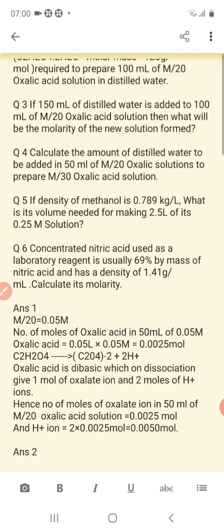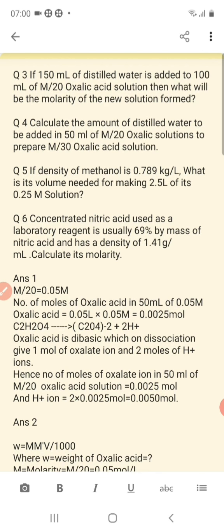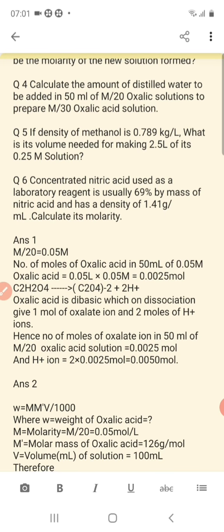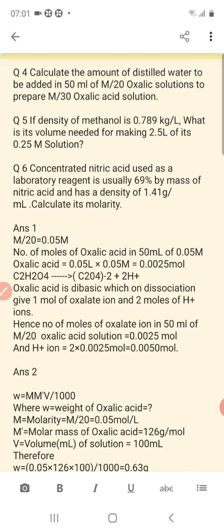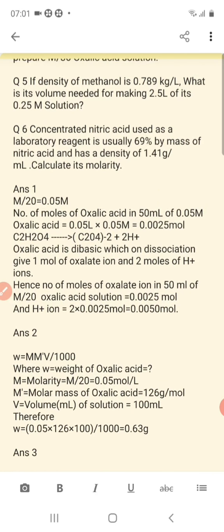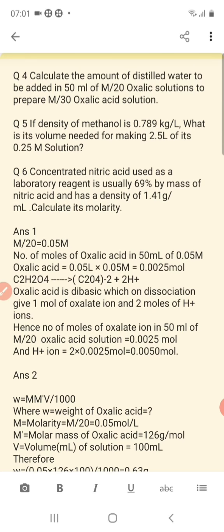Now this question is based on a similar method of calculating the volume to be added. We need the volume of distilled water to be added to 50 ml of M/20 oxalic acid solution, so that the molarity of the diluted solution should be equal to M/30.